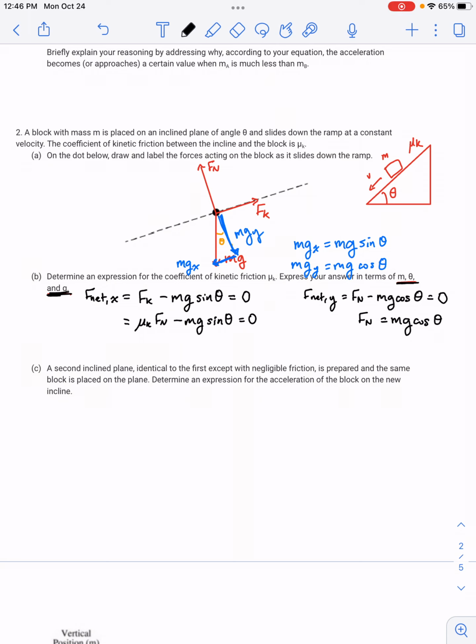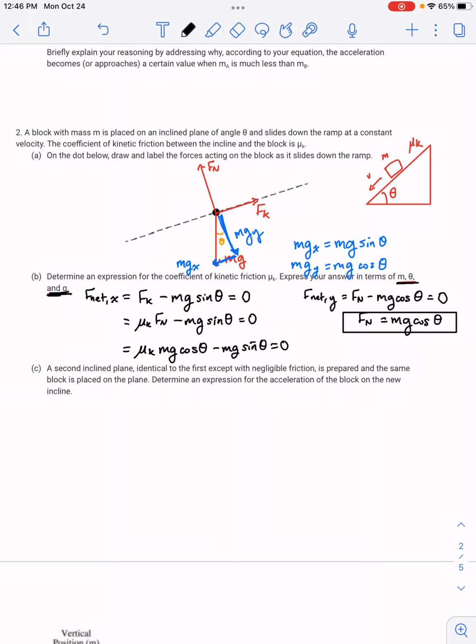And we can plug that into the equation we have over here. So mu k times mg cosine theta minus mg sine theta is equal to 0.